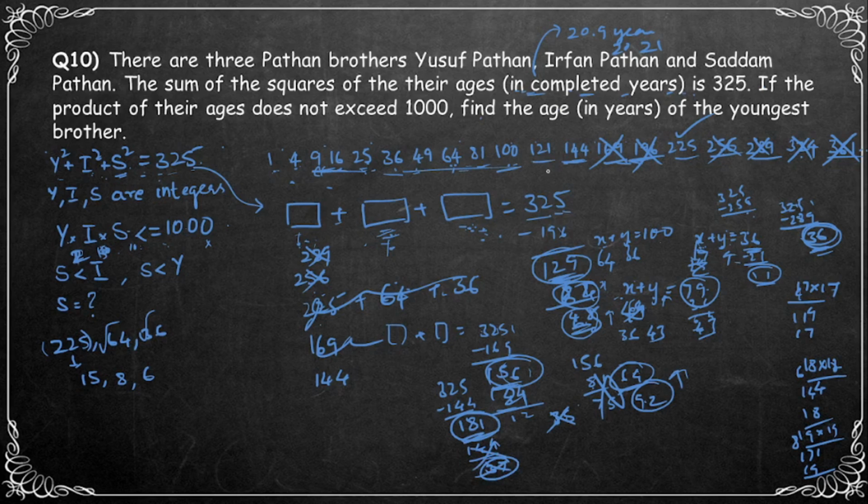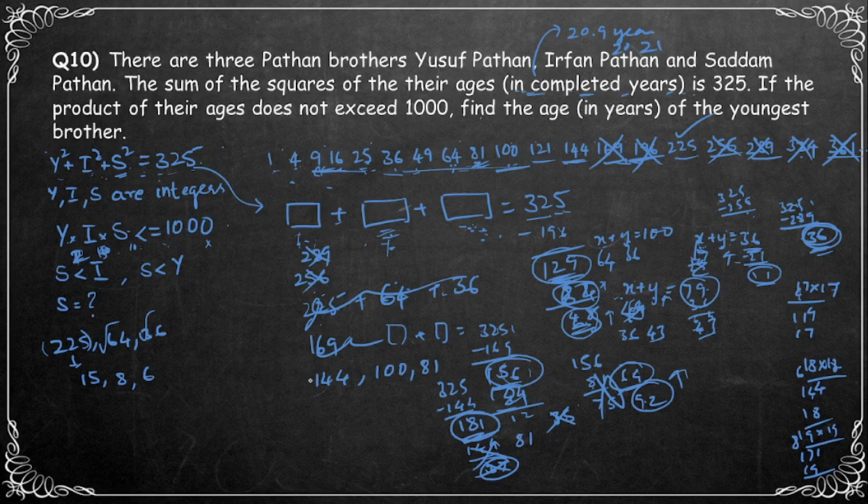If I take 121 out of 181, I'll have 60, so that is not a possibility. If I take 100 from 181, I will have 81 as a possibility. So 81 is present, so we have hit another combination, which is 100 and 81.